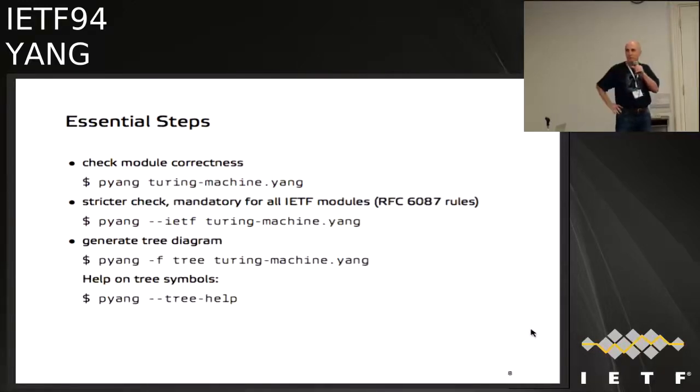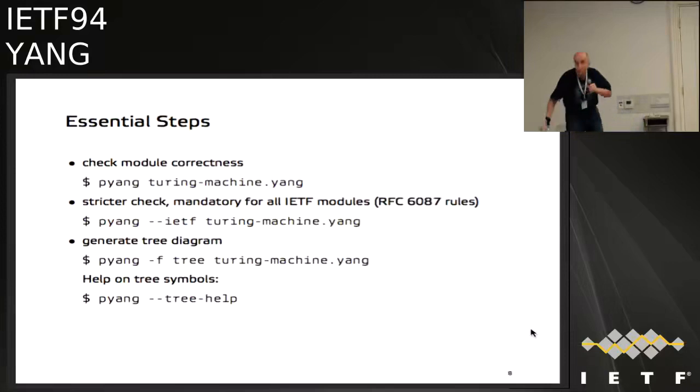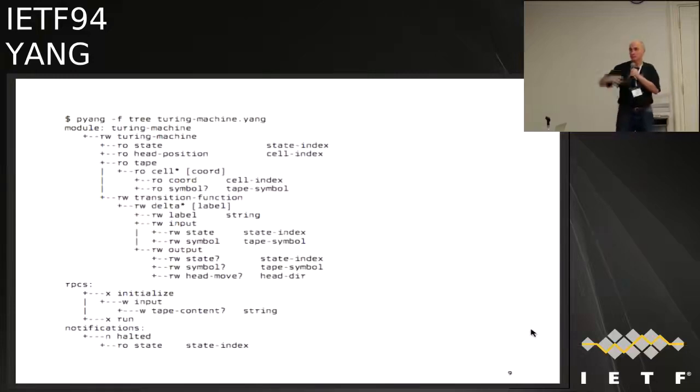I will show you how it looks on the next slide, and Carl already had some examples. There are some symbols used in that tree view that may need some explanation, so you can get this by using that tree help option. And if we use it on that Turing machine module, it will show this output.